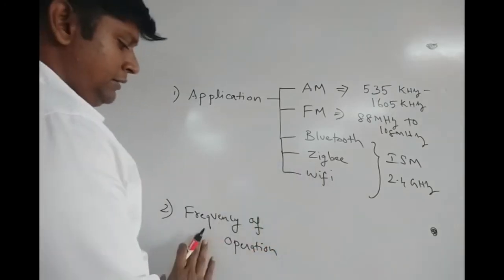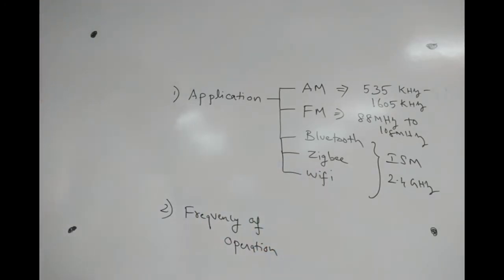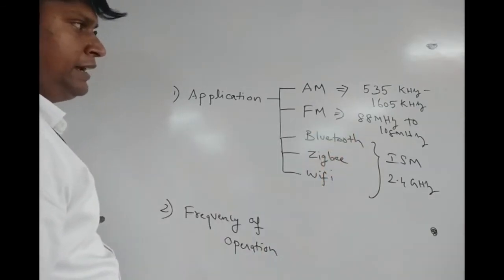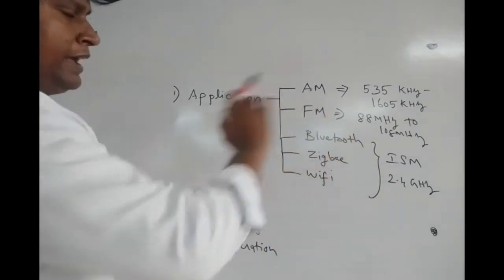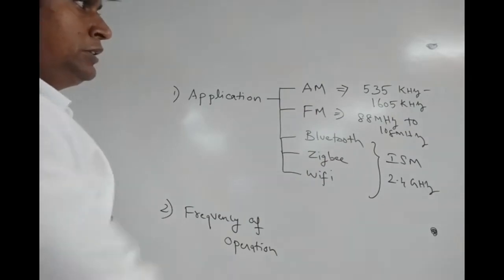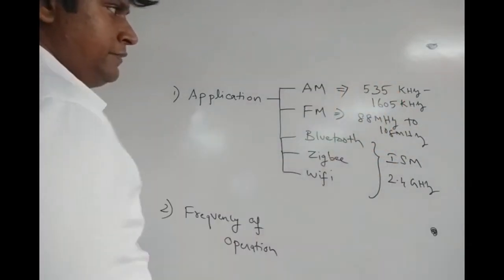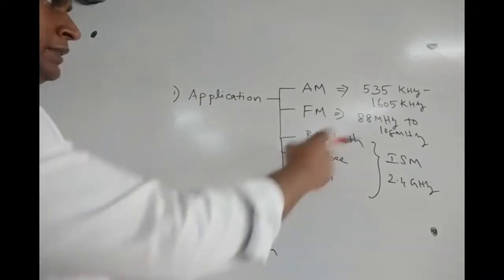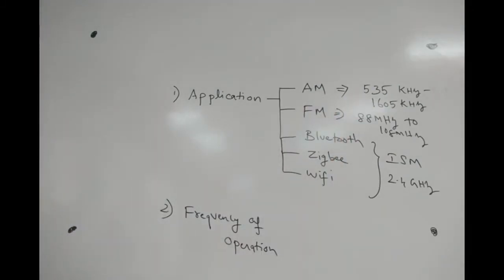So this is the second thing I need to consider, the frequency of operation. So as I said before, if I'm trying to design an antenna that suits for an AM communication system, it should work for this frequency, 535 kilohertz to 1605 kilohertz. If it is for FM, it is 88 to 108 megahertz. If it is for Bluetooth, Zigbee, Wi-Fi, it should work for 2.4 gigahertz.